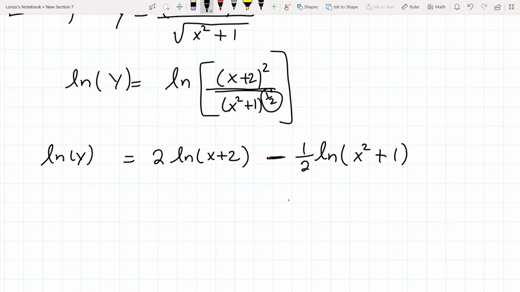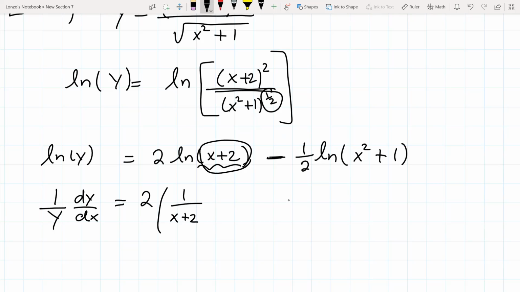Okay. Then what you're going to do is take the derivative with respect to x. So this is 1 over y dy over dx. And then this is going to be 2 times the derivative of this, which is 1 over x plus 2 times the derivative of x plus 2, which is just 1, minus 1/2 times 1 over x squared plus 1, and then take the derivative inside, so that would be 2x.